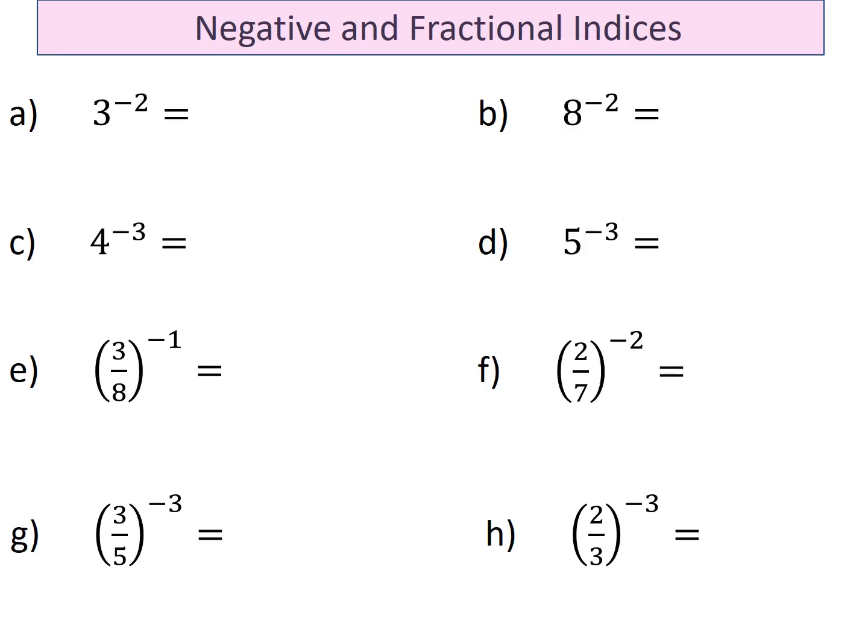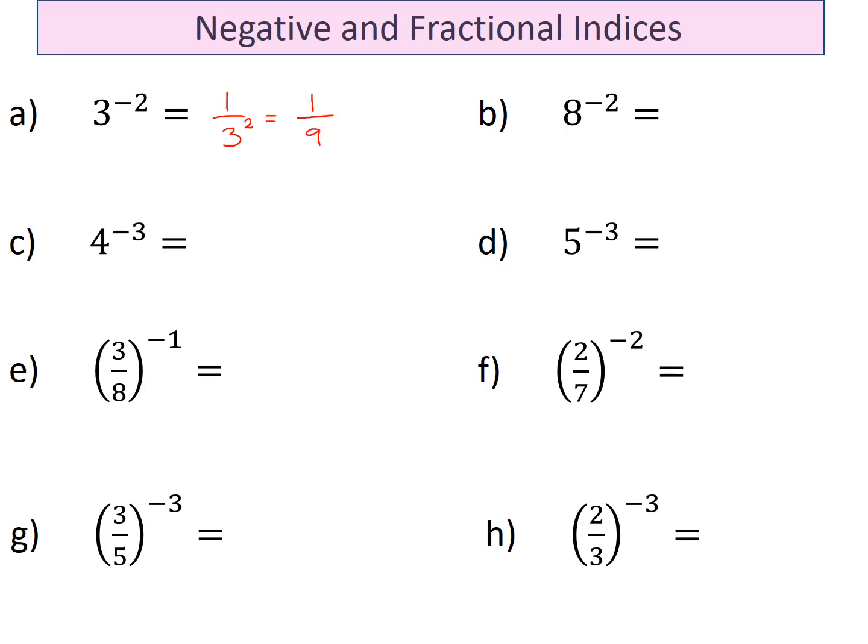Let's have a look at some more examples. 3 to the power of negative 2. First I need to write the reciprocal, which is 1 over 3, and now apply the power, which is 2, so that is 1 over 9, because 3 squared is 9.